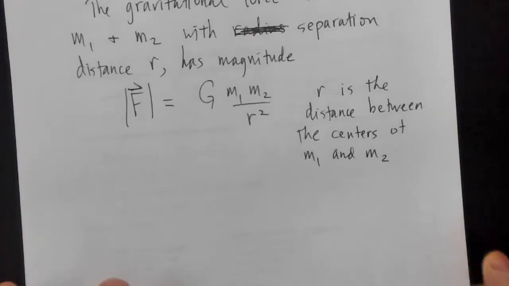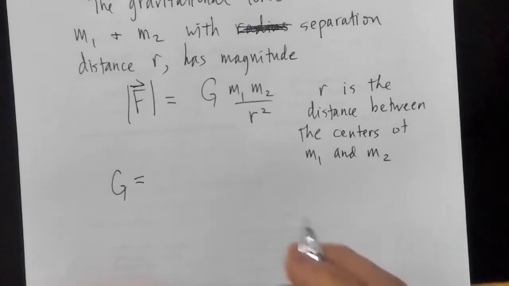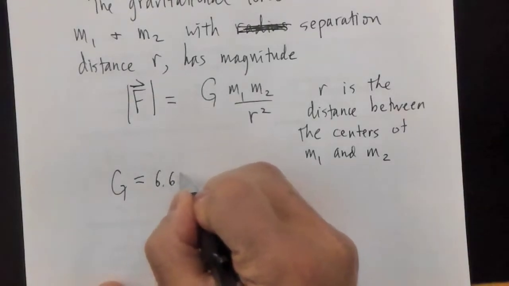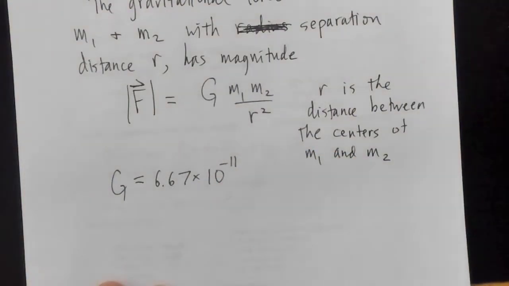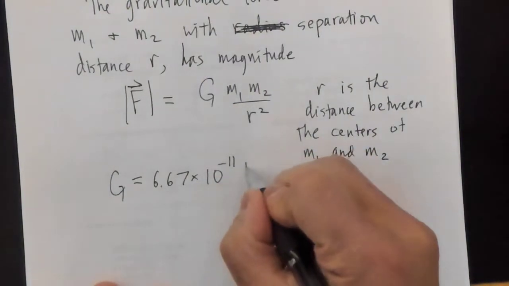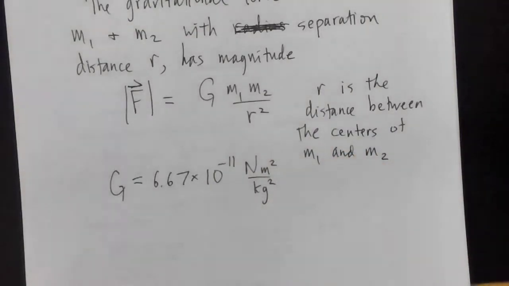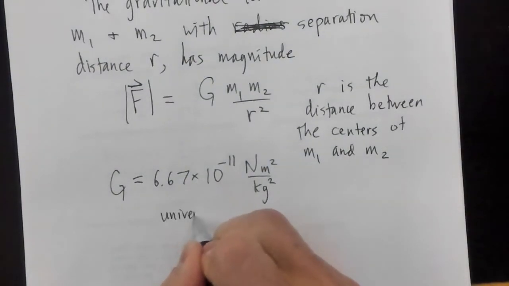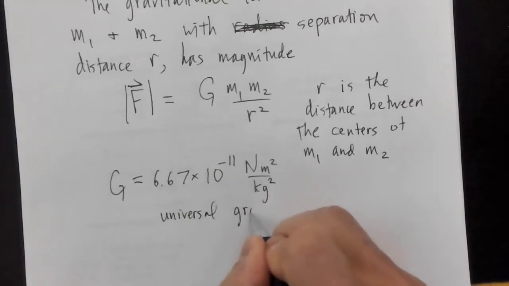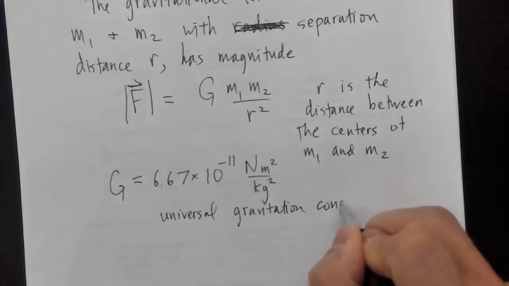It's the gravitational constant, the universal constant of gravitation, sometimes called Newton's constant. It's 6.67 times 10 to the negative 11th. So it's really small. The units are newtons times meters squared divided by kilograms squared. And this is the universal gravitation constant.